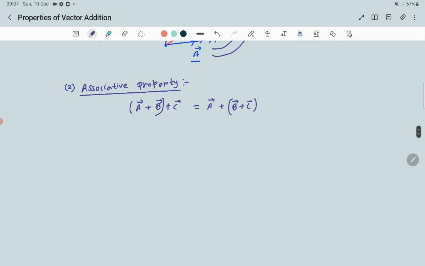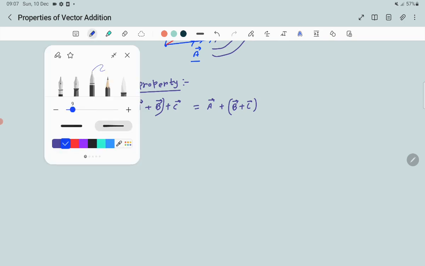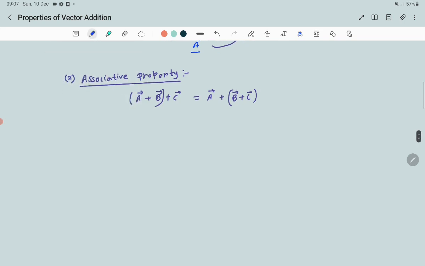Again we can prove this result by geometry simply. Suppose we have vector a something like this, vector b and vector c. So this is our vector a, this is our vector b, and this is our vector c. Now let us first add a plus b.